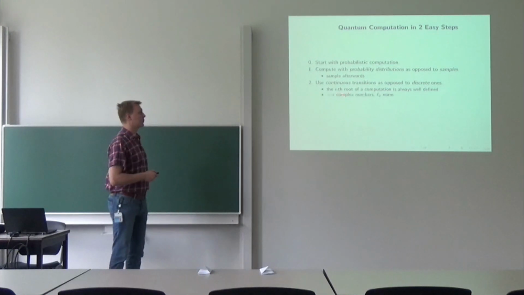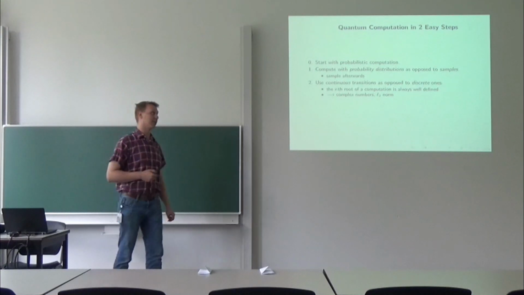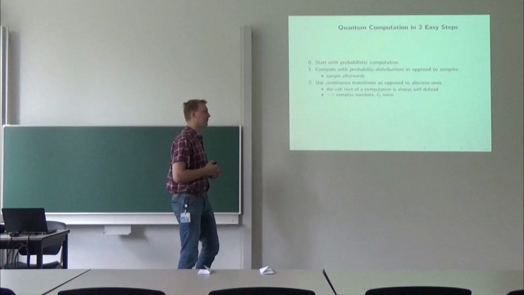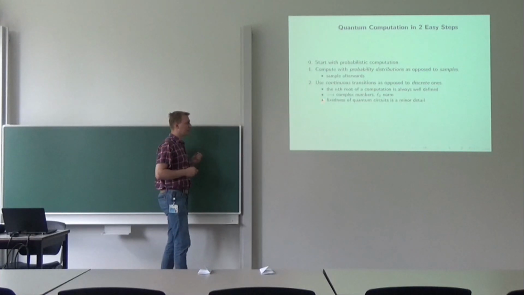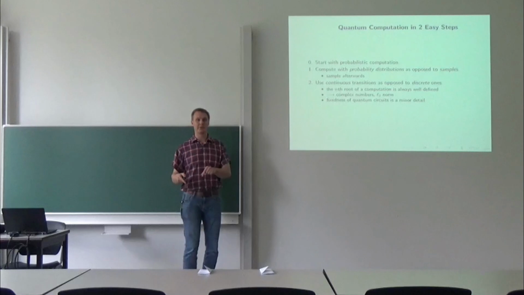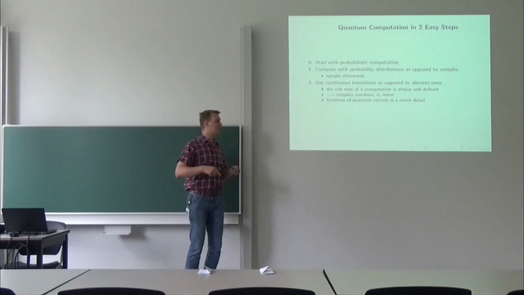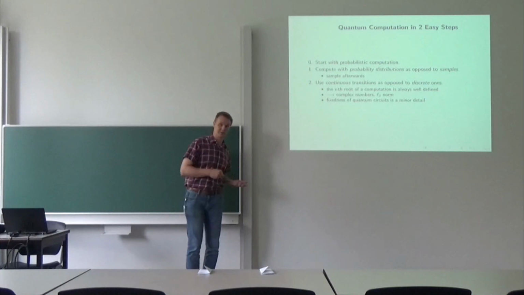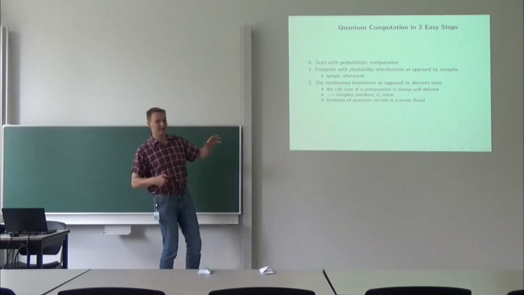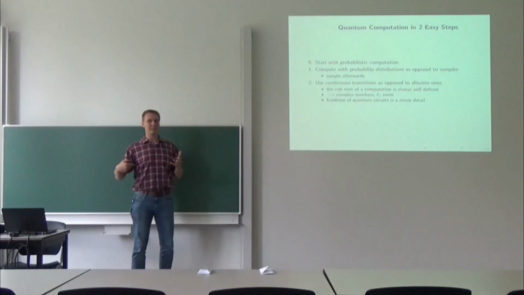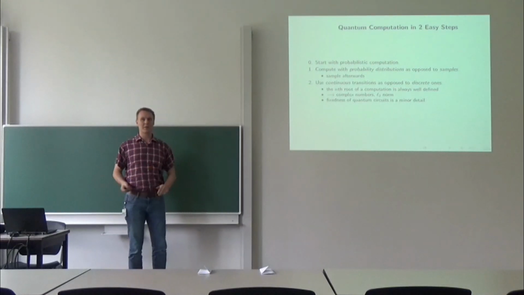And this is what instantly gives you complex numbers and the L2 norm. Of course, taking the root of a computation might be difficult to implement in a circuit, and computing with probability distributions might also be difficult to implement in a circuit, but that's rather a minor detail.